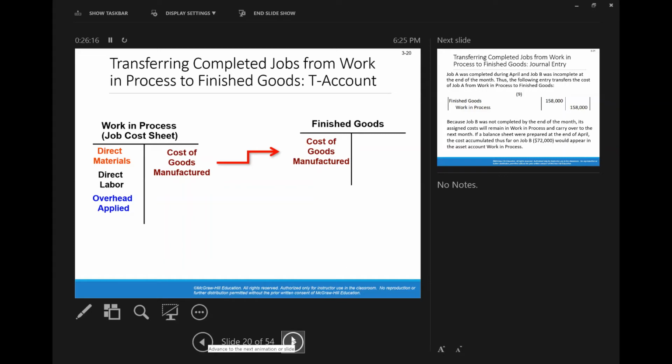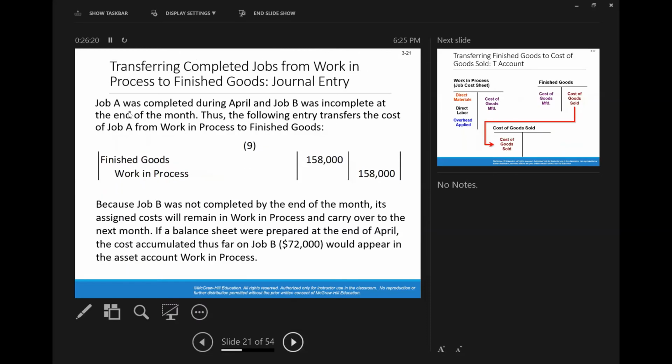So we've been following two jobs. We have job A and job B. Okay, it's telling us job A is completed in April, job B is incomplete at the end of the month. So the following transfers the cost of job A from work in process to finished goods. So we would have to go back and do the calculation to see where the 158 came from, but it's from their direct material, direct labor, and the manufacturing overhead.